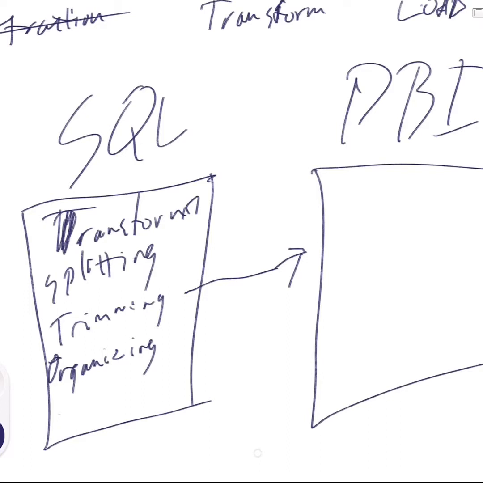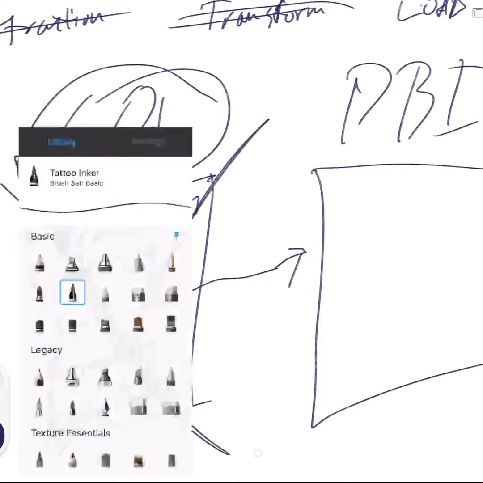Now, some things have to be changed. Oh, here we go. Change data type. You'd be surprised how often a date will come in as a numeric. But now all of that data is clean. So now we can get rid of transform and we load it into Power BI.